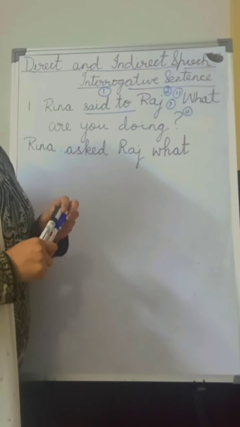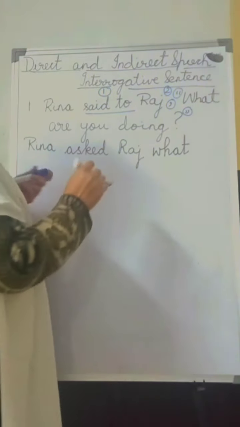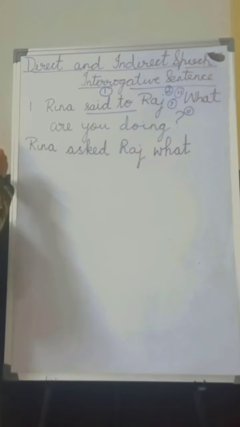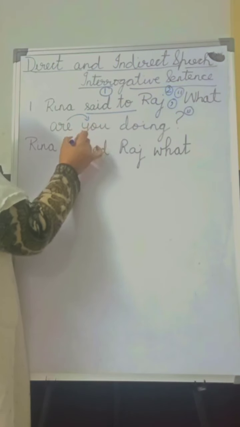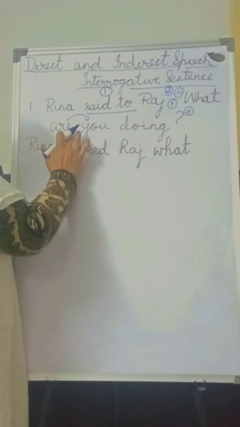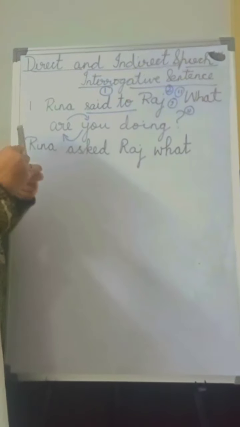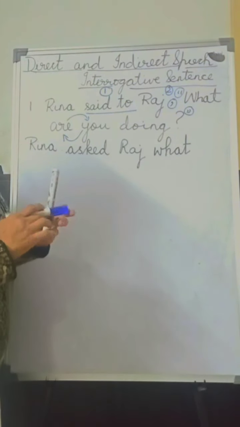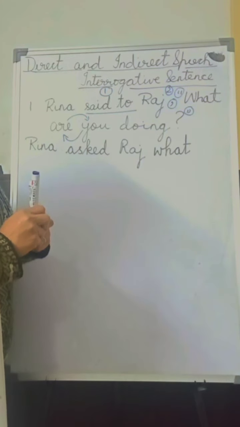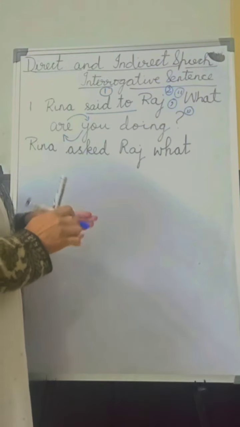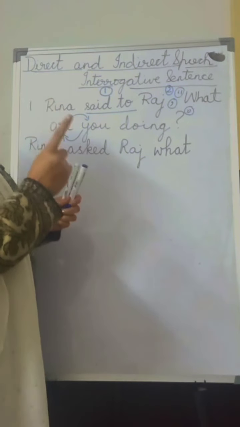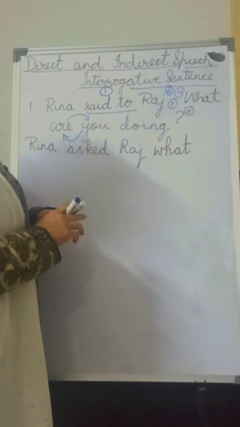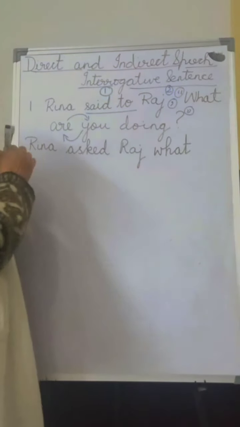This we have already done in the topic kinds of sentences. We are going to change the position. Pronoun comes first and the auxiliary verb goes after that. We change the position of the words to make it a simple sentence. Clear? Because when we change an interrogative sentence to indirect speech, it is always a simple sentence, a declarative. So we are going to change the position.